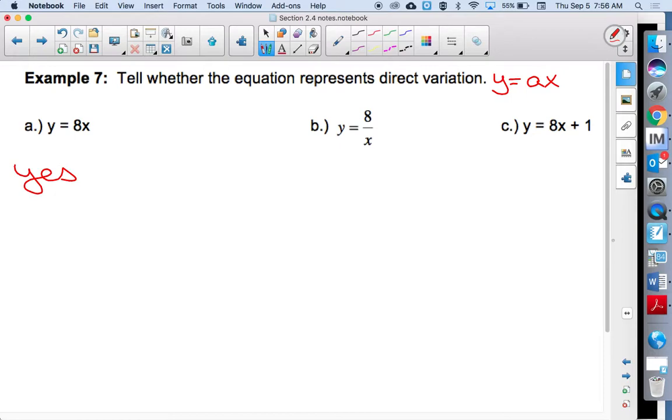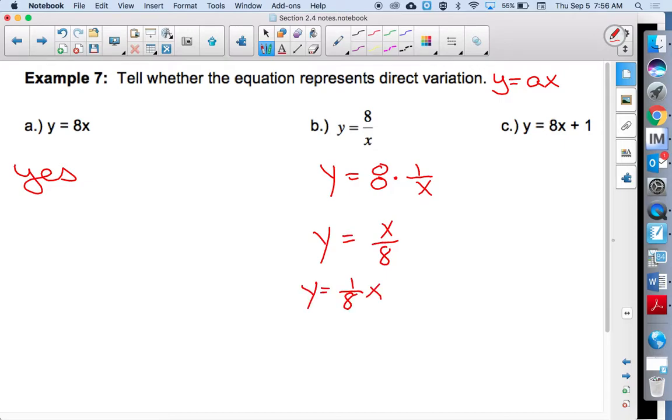Not quite. Where's the x in this problem? On the bottom. So if I separated, this would be an 8 and then times 1 over x. Jack, I think you're saying x over 8, which is what you were meaning, correct? Yeah.